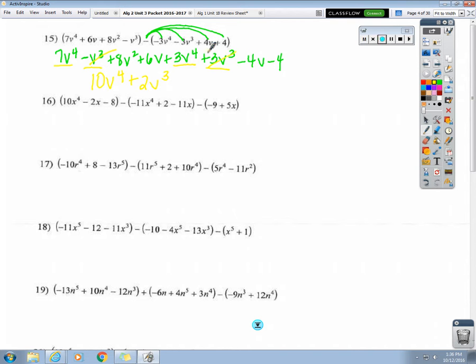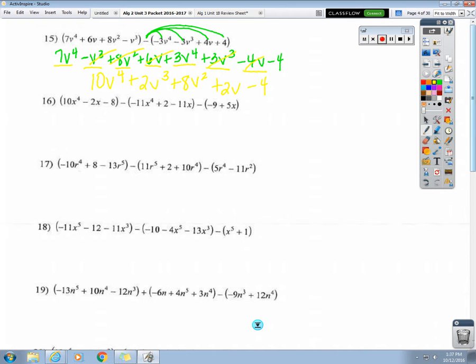And then 8b squared will combine with the other b squared term, and 6b minus 4b is 2b, and then all I'm left with is negative 4. And see how once I rearranged this in order when I brought it down, it's now in standard form when I answer it. I don't have to take the time to put it in standard form.